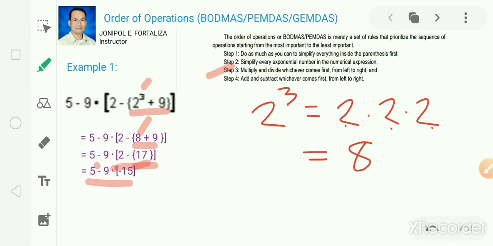Before we do the subtraction or the addition, because in the rules for signed numbers the subtraction and addition rules are interchangeable, we are going to do the negative 9 times negative 15, or shall we say 9 times negative 15. If that's the case, 9 times negative 15 is negative 135.